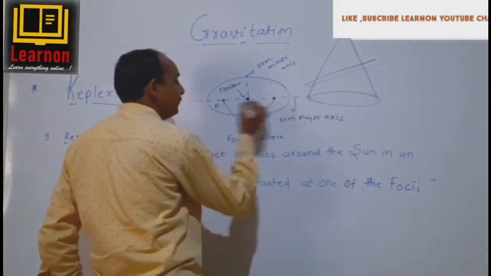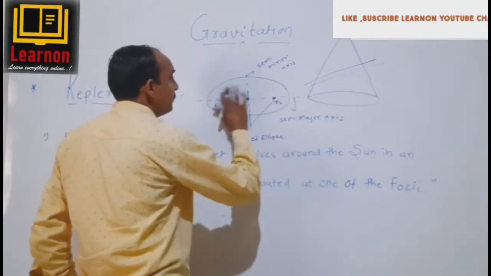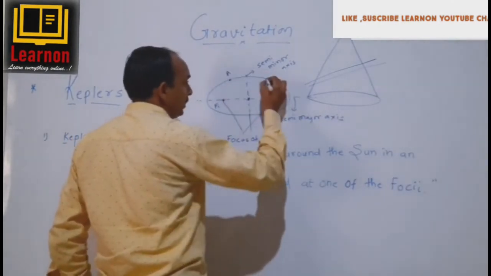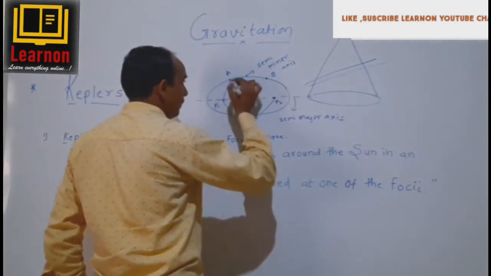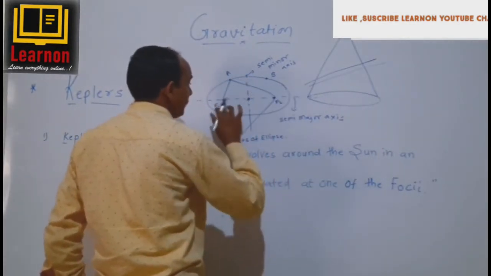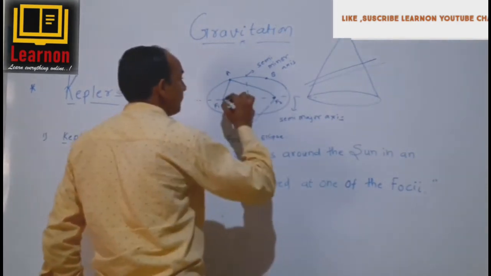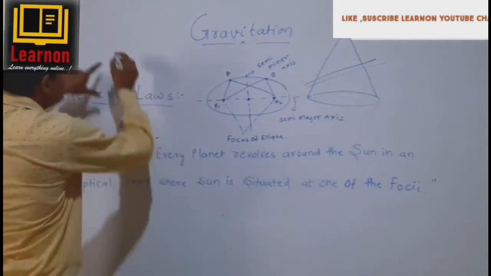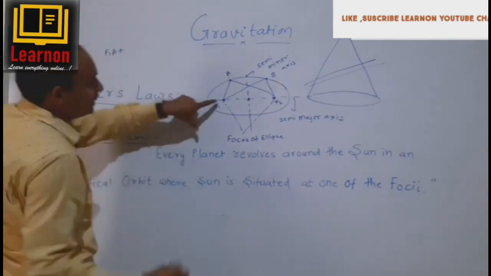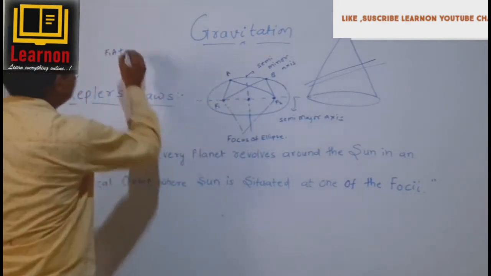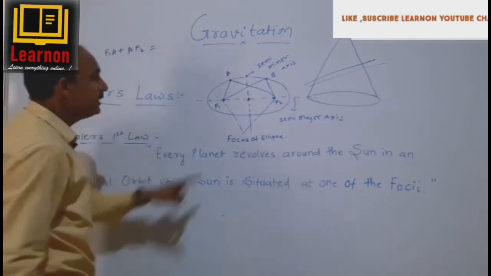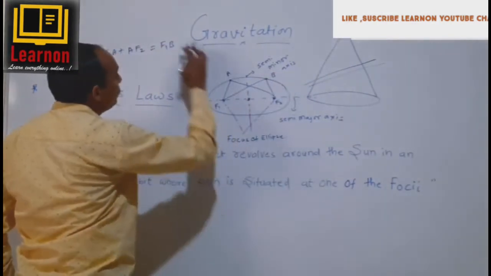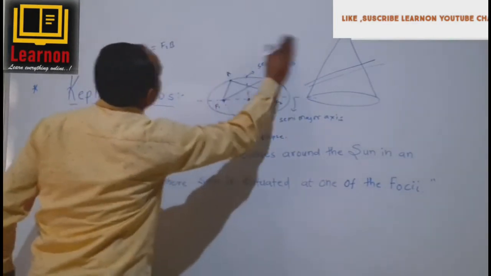If we want the property of the ellipse, if I take any point on the ellipse, the property says that F1A plus AF2 is always equal to F1B plus BF2.